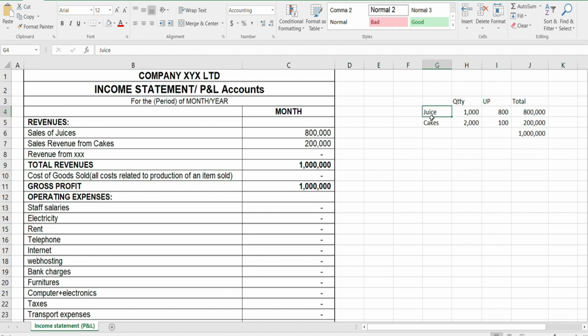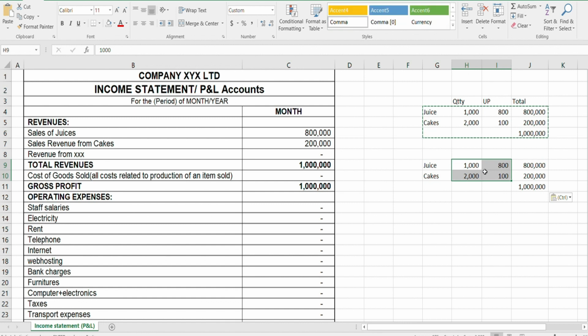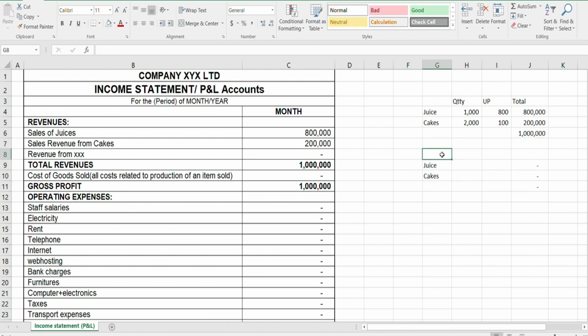So for these juices, let me put the same figures here. Maybe I forgot this pricing. So here we're going to calculate the cost of goods sold. So we will be asking ourselves, the juice we sell, we sold 1,000 juice, yes, but one juice we sold at 800.